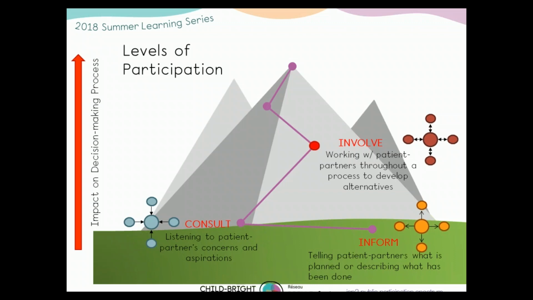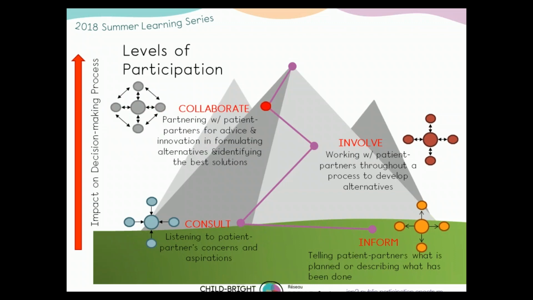But building off of that idea of involvement, we reach this level of collaboration where there is a lot more interdependency and mutually beneficial partnerships occurring to work together in proposing and eliciting new alternatives and ways of moving forward.